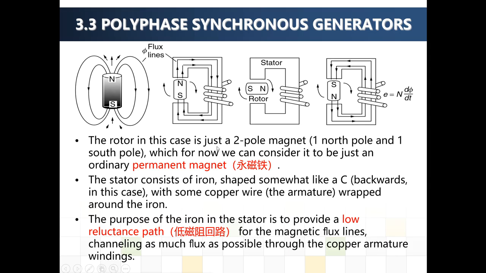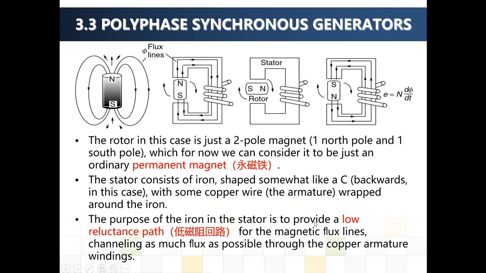So the rotor is just a two-pole magnet with one north pole and one south pole. The stator is considered as an iron core with some copper wires wrapped around it.